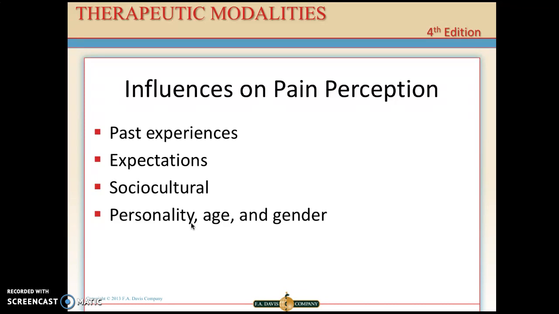Sociocultural issues: it may be appropriate in some cultures to express feelings of pain very openly, and in other cultures it may be considered inappropriate to show that you are experiencing pain. You have to consider that when you're practicing athletic training in various cultures. Personality, age, and gender are also thought to be related to pain perception.